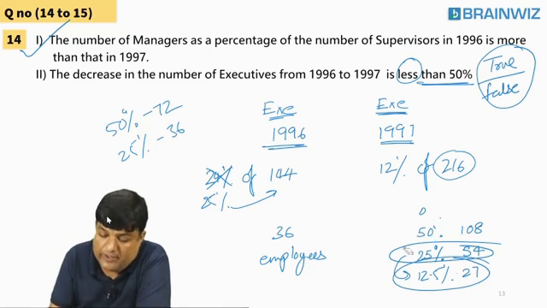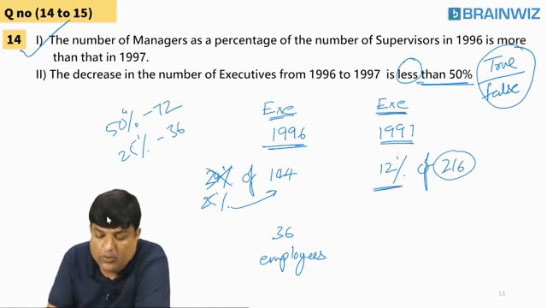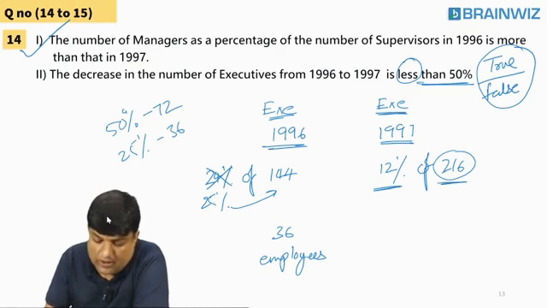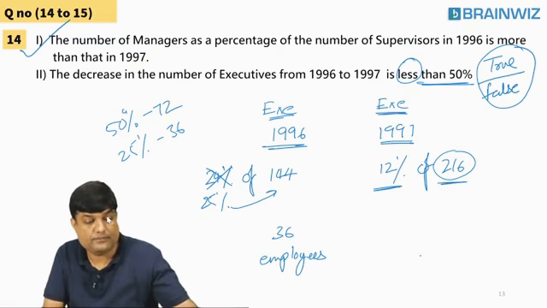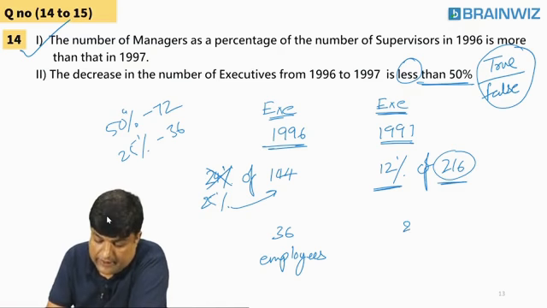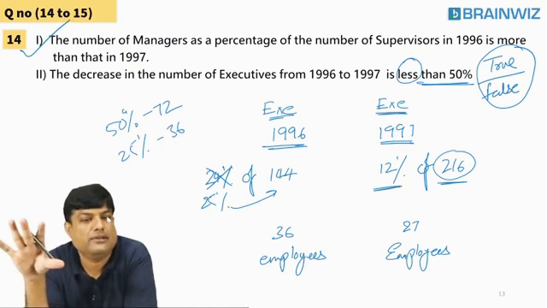I hope you all have understood this. What shall I write down here? 12% of this thing. How many employees is that? Guys, you got it. Isn't it, everybody? 27 employees. So like this, roughly you calculate.